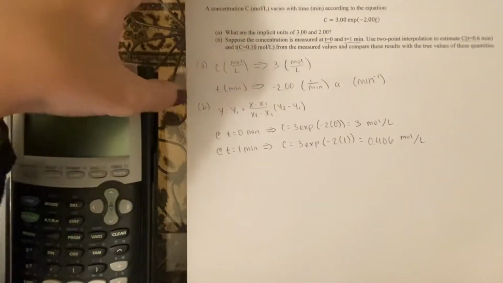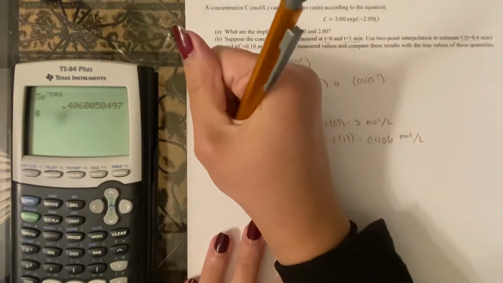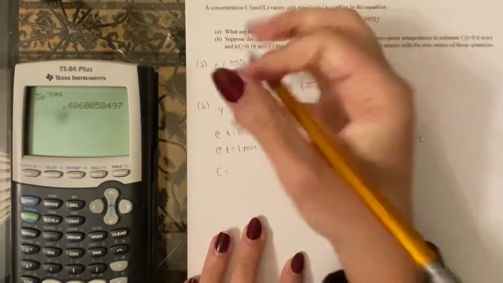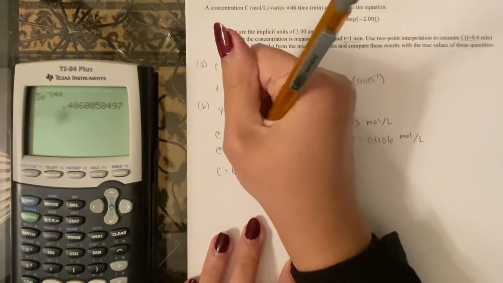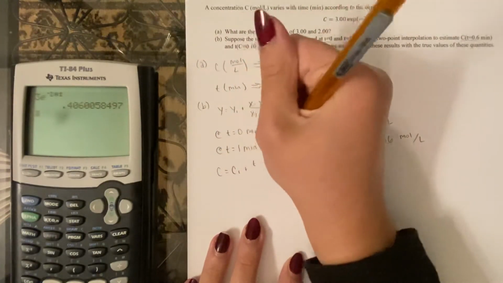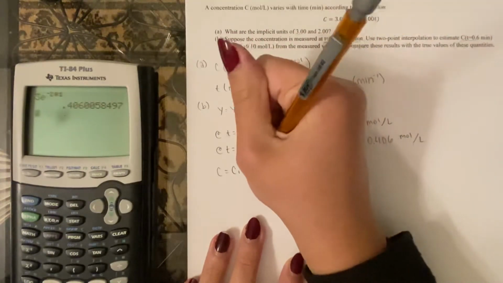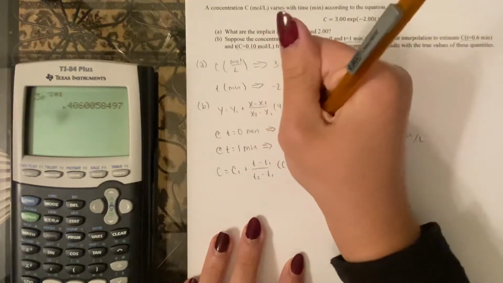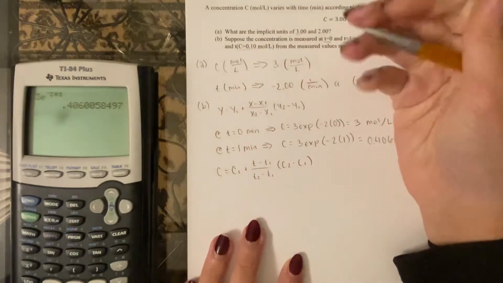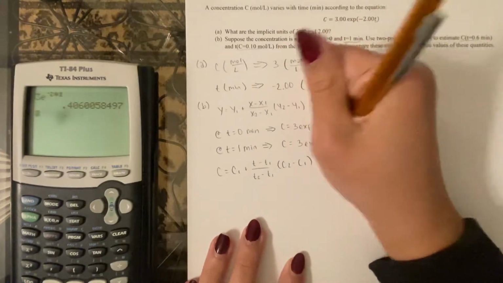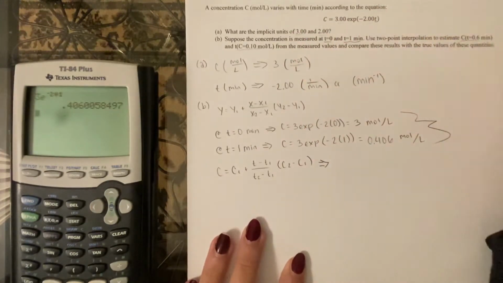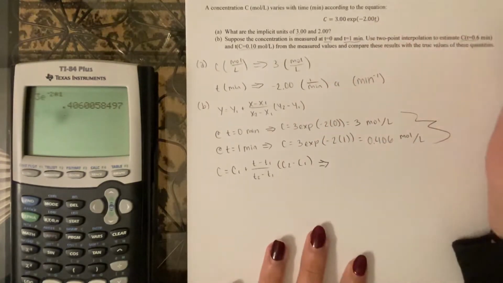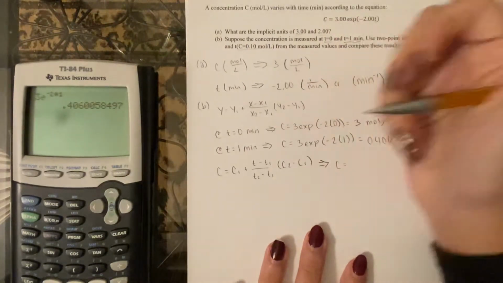And so our equation is going to go something like this. We're going to have C, which is our y, is equal to C1 plus (T minus T1) over (T2 minus T1) times (C2 minus C1). And we're going to plug in these 2 points that we have into this equation and simplify that down. We don't have C, that's just our y.